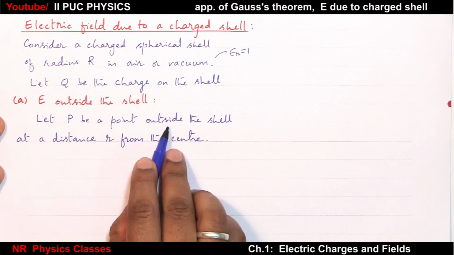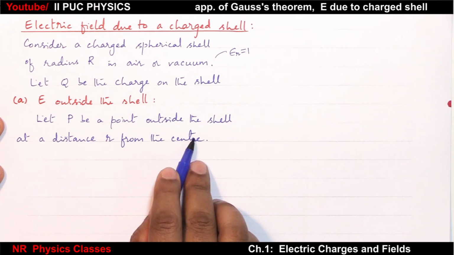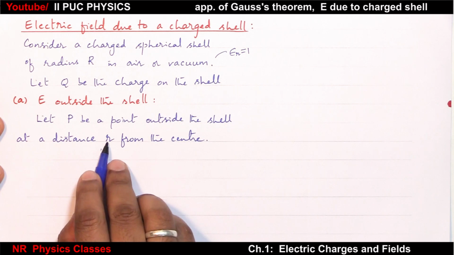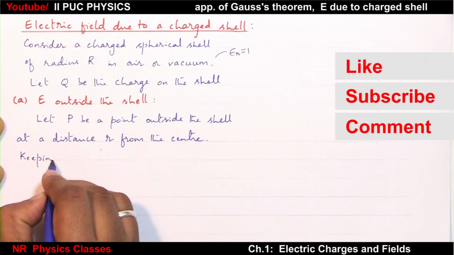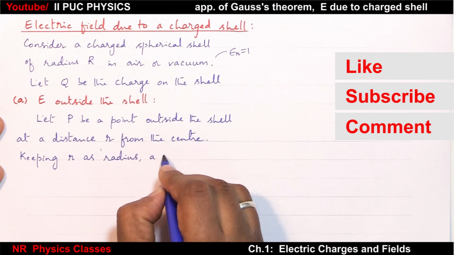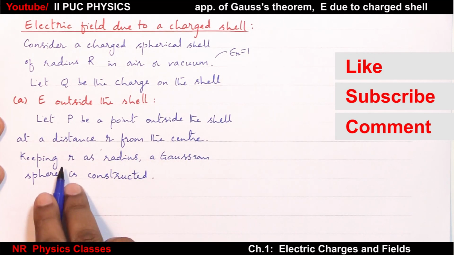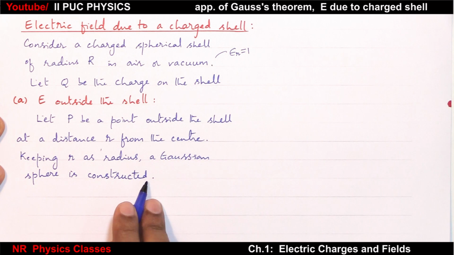Let P be a point outside the shell at a distance r from the center. Keeping r as the radius, let us construct a Gaussian sphere.